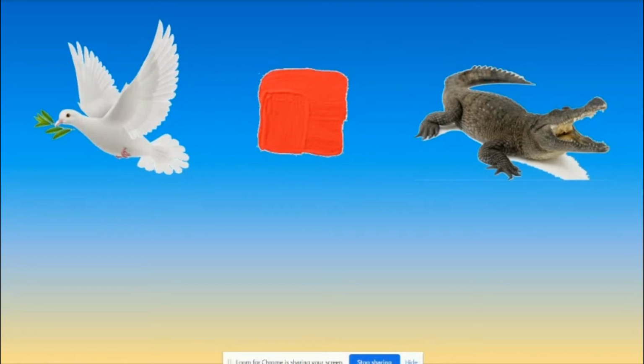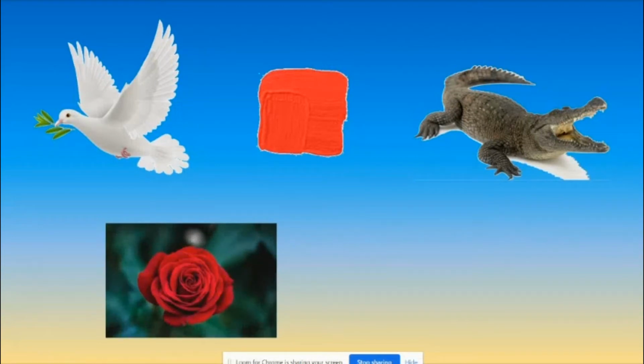Another example is the crocodile. As denotation, it's a reptile that feeds on small mammals or birds that can enter its swamp. As a connotation, a crocodile is someone who's greedy. Then we have a rose, whose denotation is it's a flower with many petals.